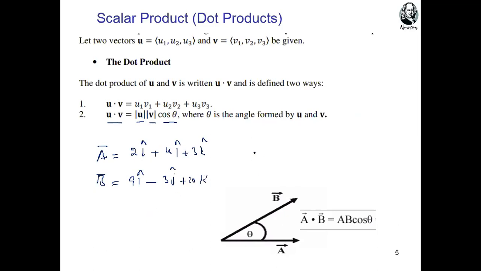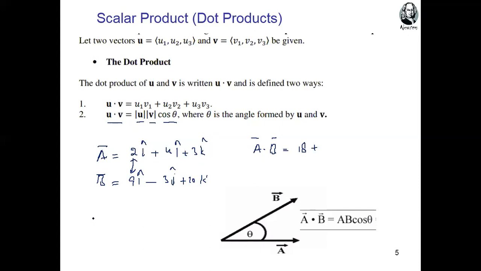So how can we find a dot b, the product of two vectors? This is actually the dot product or scalar product. So the scalar product is i multiplied with i, j with j, and k with k. First multiply the i components: 2 multiplied with 9 equals 18.